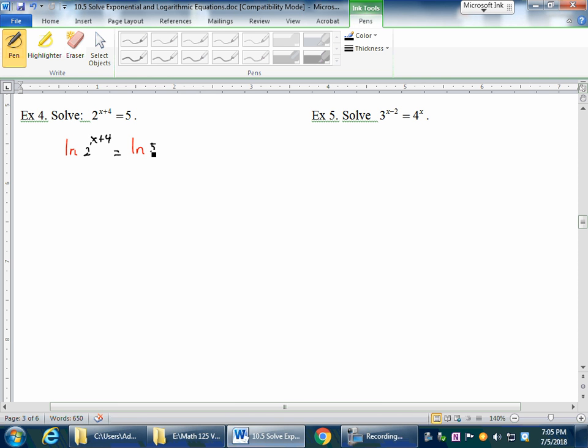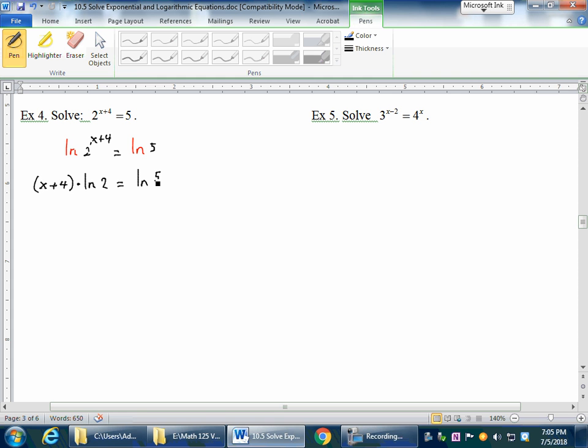Using the properties of logarithms, I can write the exponent of the argument as a factor on the left hand side. So that means the exponent of argument 2, x plus 4, as a factor, so it will be x plus 4 times ln of 2 equal to ln of 5.